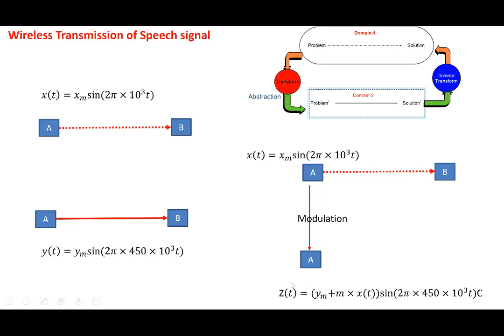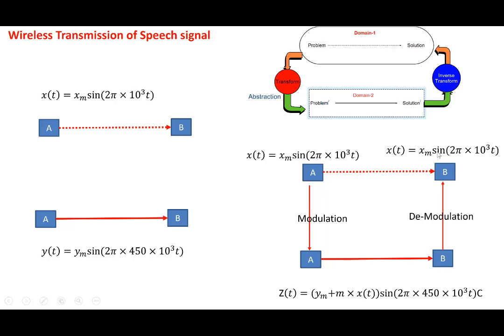We transmit this modulated signal from A to B, and once I reach B, I do a demodulation and extract my signal x(t) back. We'll see later that demodulation can be done by a simple diode rectifier. With a rectifier, a resistor and a capacitor, demodulation is fairly simple, and we can extract the signal x(t) back.